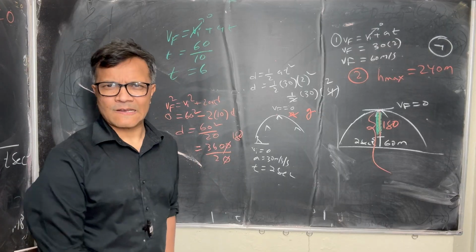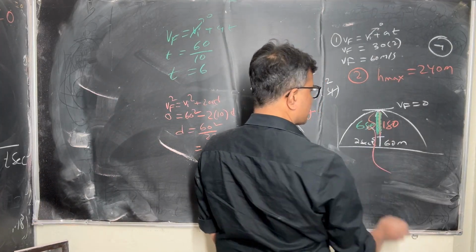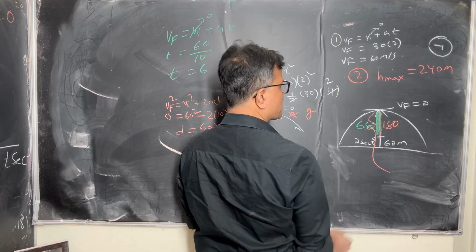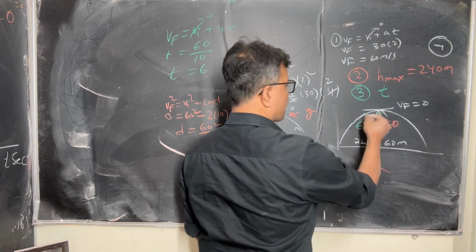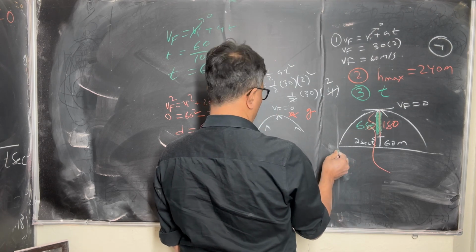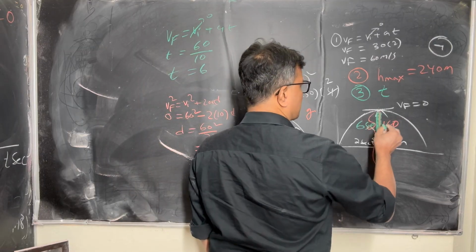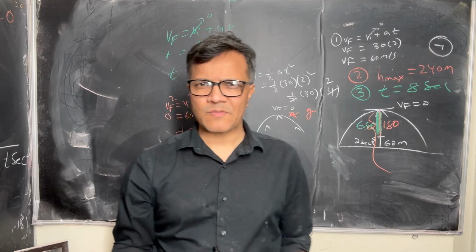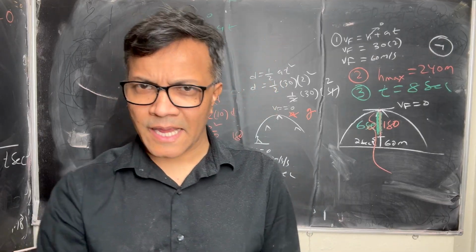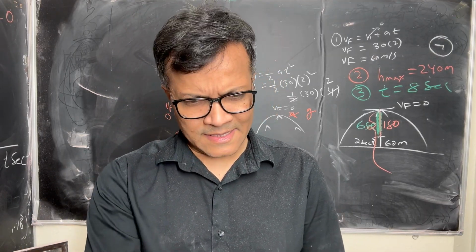If you wrote 6 seconds, that's wrong. 6 seconds is only from here to here. So 6 plus 2, the time the rocket takes to reach max height is 8 seconds. Once again, this is the end of AP Physics 1, Exam 4, Part 1.